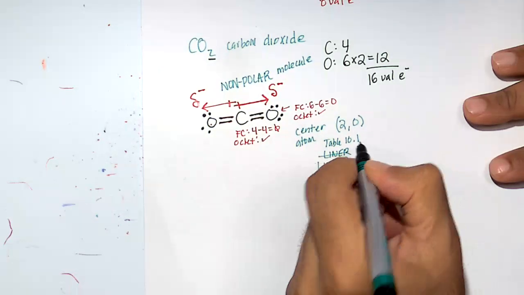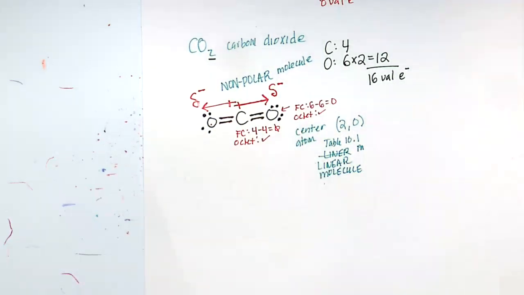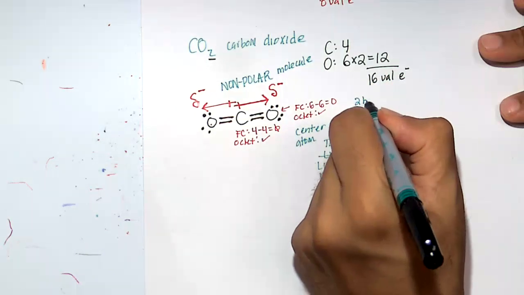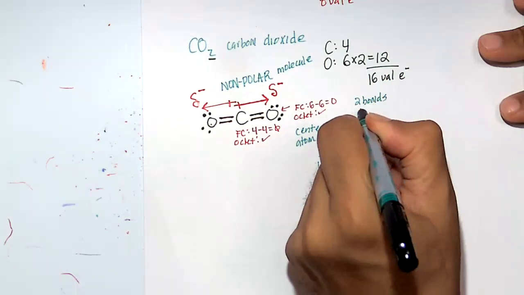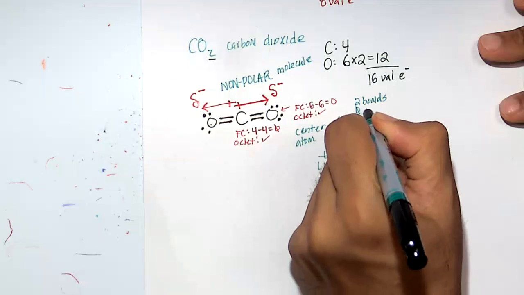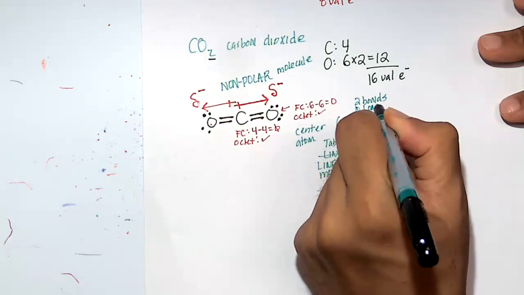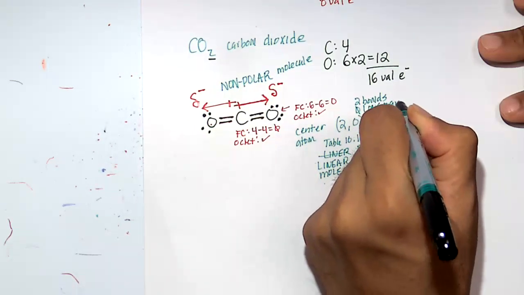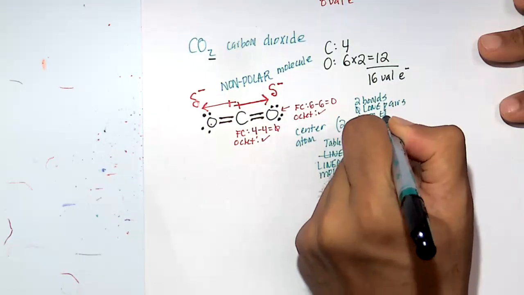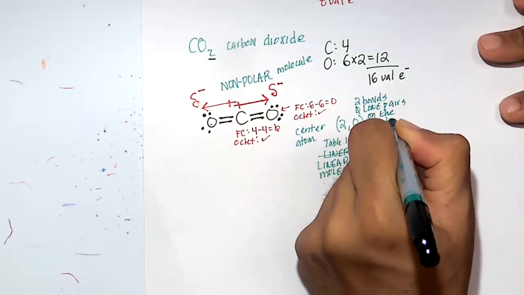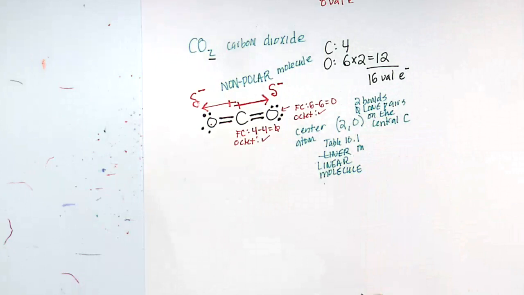It's a straight line. 2 bonds, 0 lone pairs on the carbon.